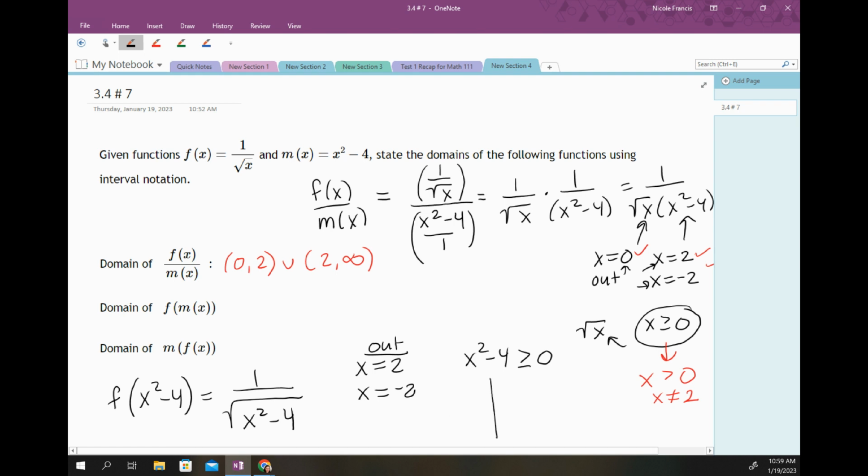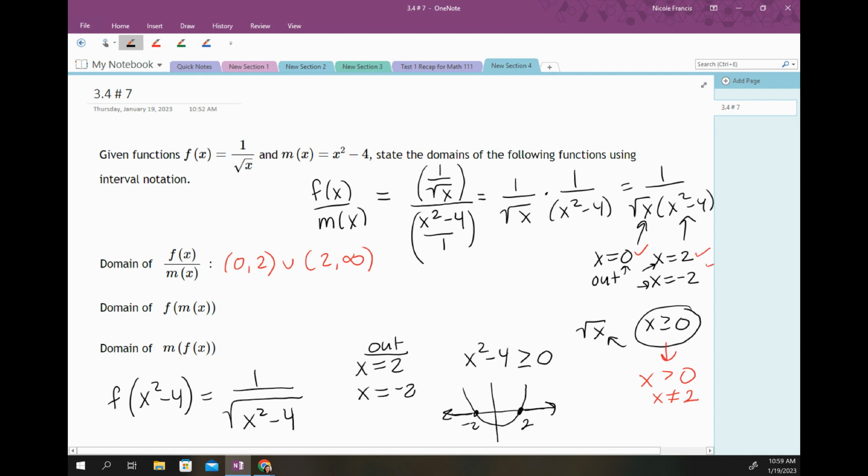There are a couple of ways to figure this out, but I think the easiest is to look at the graph of x squared minus 4. You can look it up in Desmos or any graphing calculator. Here's the 0 at negative 2, and here's the 0 at 2. It's greater than 0 anywhere to the left of negative 2 or to the right of positive 2.